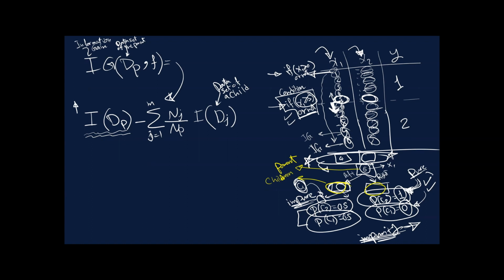If we have a very low impurity for the child after this split, it would be high value minus low value, right? So what would be the result of that? It would be a high value, correct? Because it's high minus low. So then we will have a high value, and this would be our information gain.